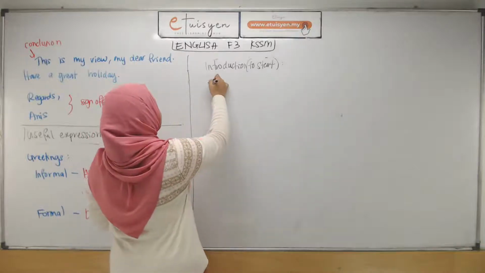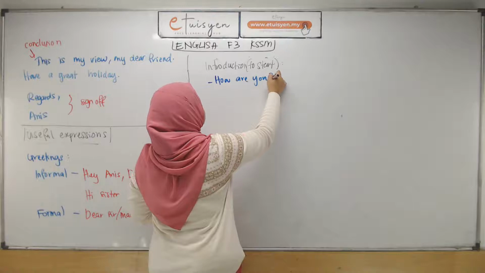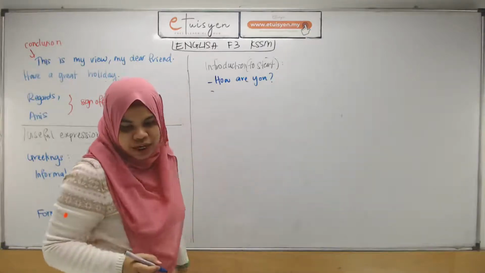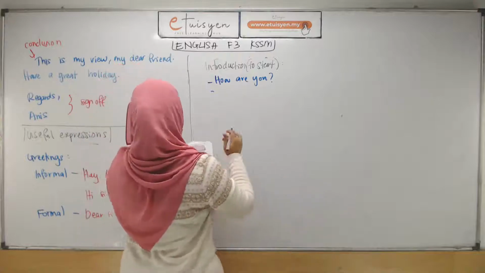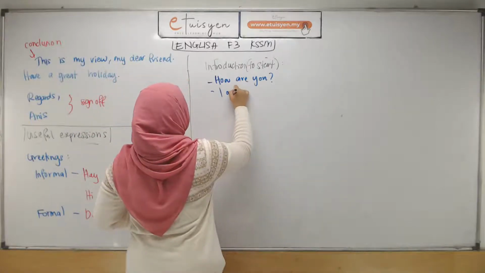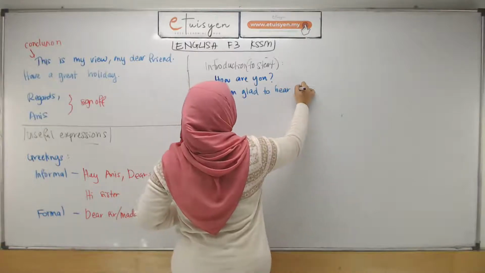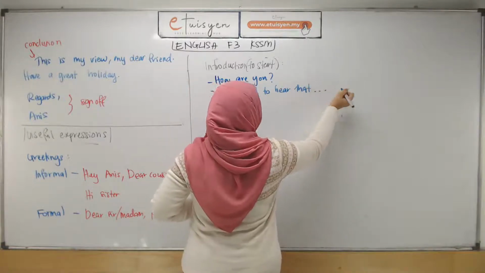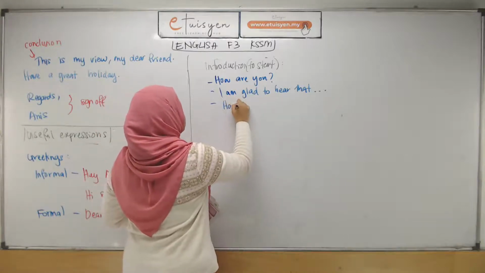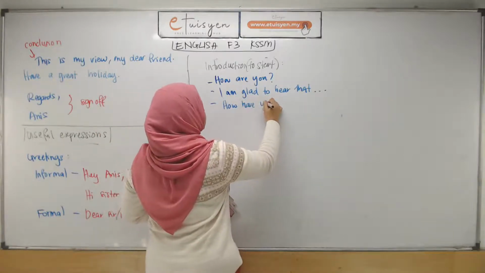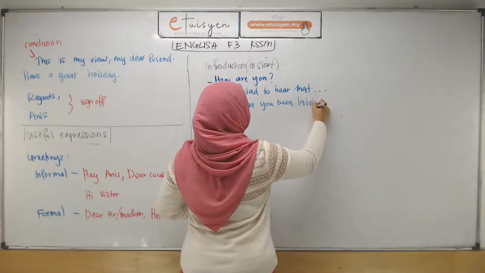Okay, so the first one you can write is "How are you?", or you can also write "I'm glad to hear that," and then continue with the rest. Or you can also write "How have you been lately?"